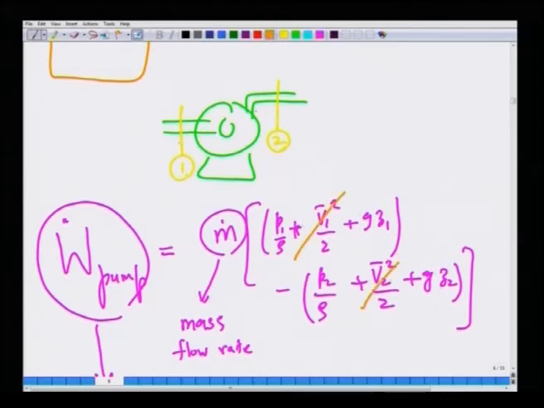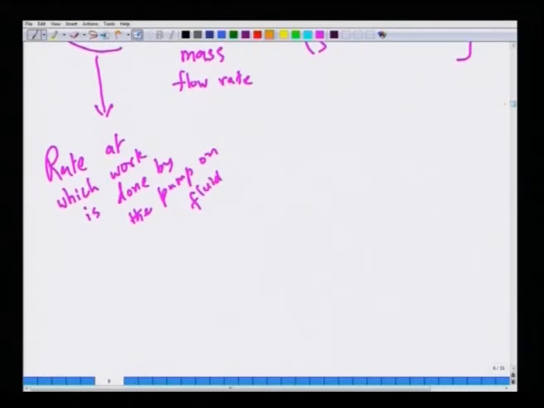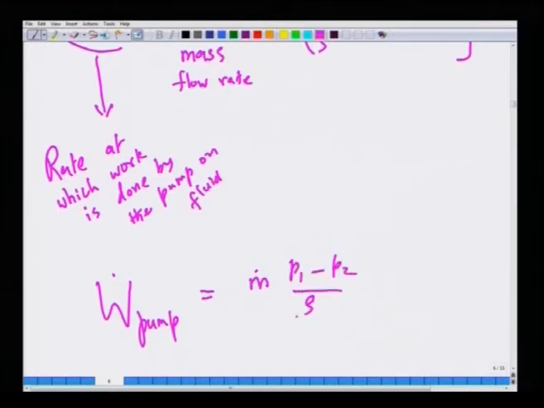And the elevation difference between points 1 and 2 is also typically negligible. So, W dot pump, the rate at which work is done by the pump on the fluid, is nothing but m dot times (P1 minus P2) divided by rho.